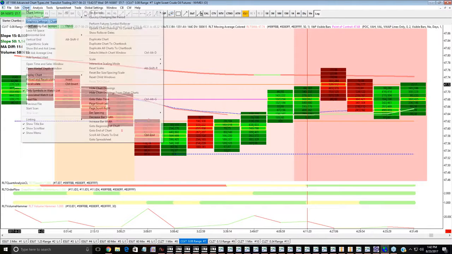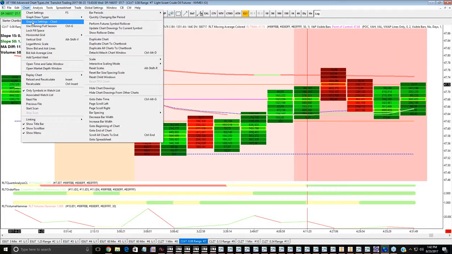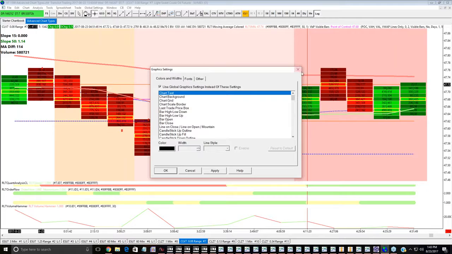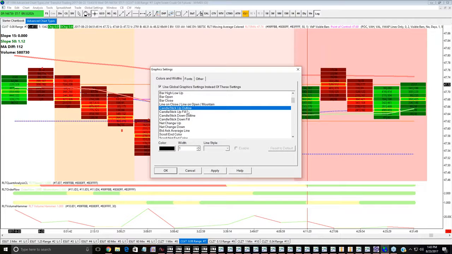If we go to chart settings, hold on a minute here, candlestick. See, it doesn't change anything.